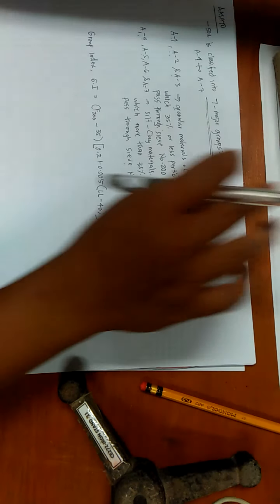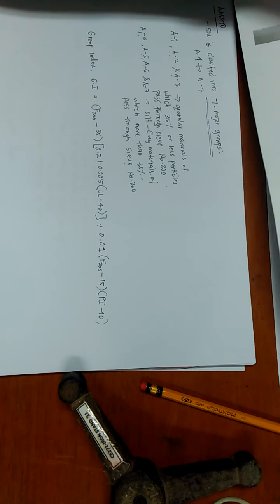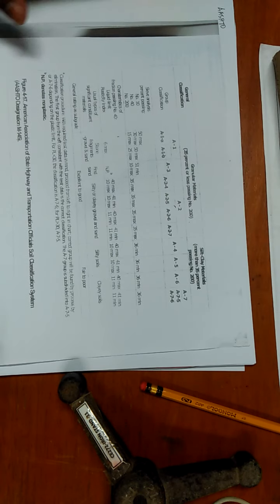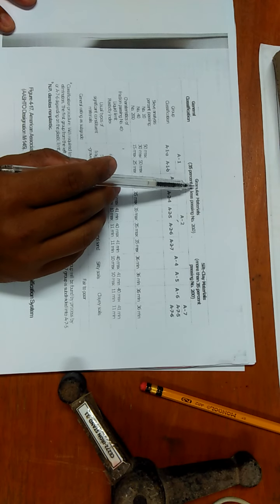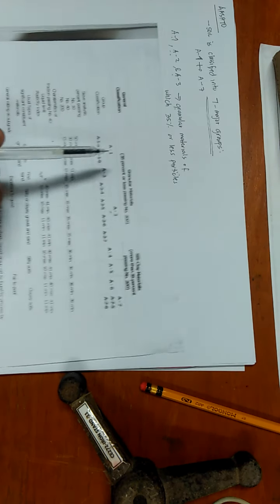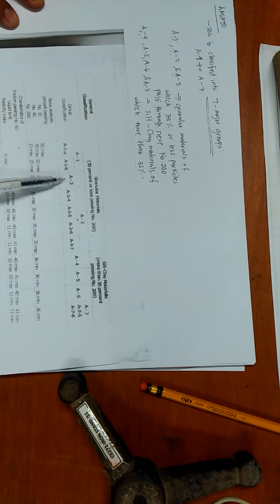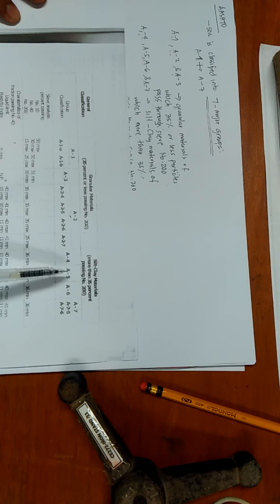So ngayon, sir, paano ko malalaman whether my material is A-1 or A-7? So through this chart, we can identify whether it is a granular or silt material. Sabi ko nga, from A-1 to A-3, masasabi natin ngayon siyang granular materials, or A-4 to A-7, masasabi mo ngayon siyang silt clay materials.